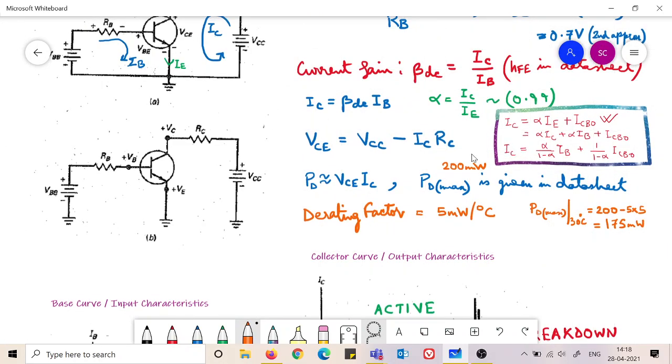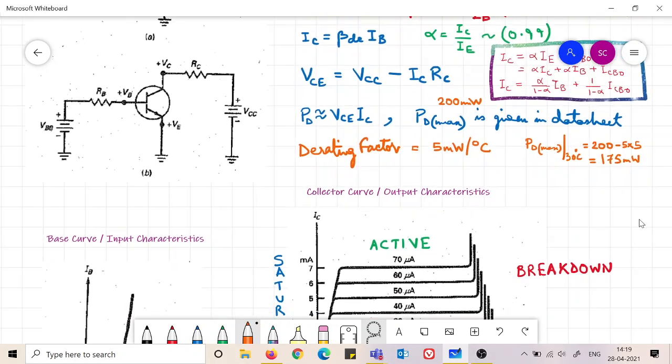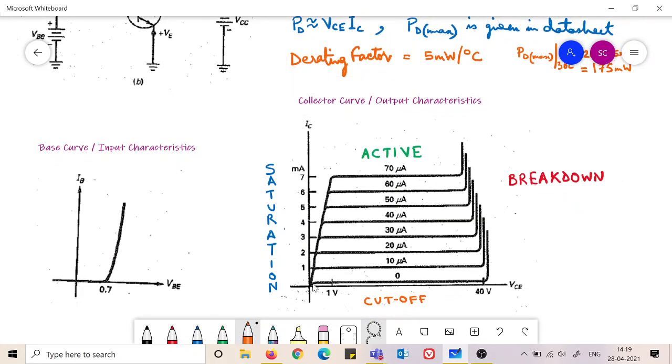This is true always. So when IB is 0, there is still some IC because of the reverse saturation current of the collector base diode. This level you can see here.